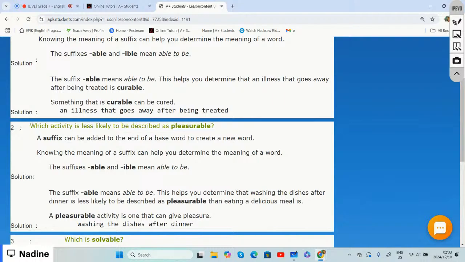An activity that might be less pleasurable, all right? It's not that much pleasurable.